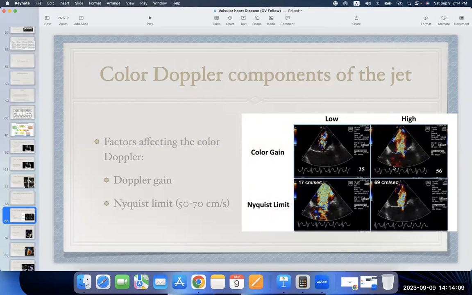So basically the echo technician should increase the color gain all the way until right before they start to see noise in the images. That should be the color gain they adjust to. And here it's good, because I don't see any significant noise in these images. So it's around 56, usually 50 to 56, the color gain.